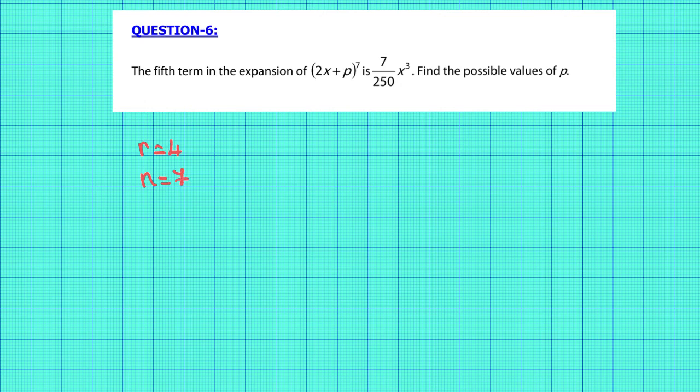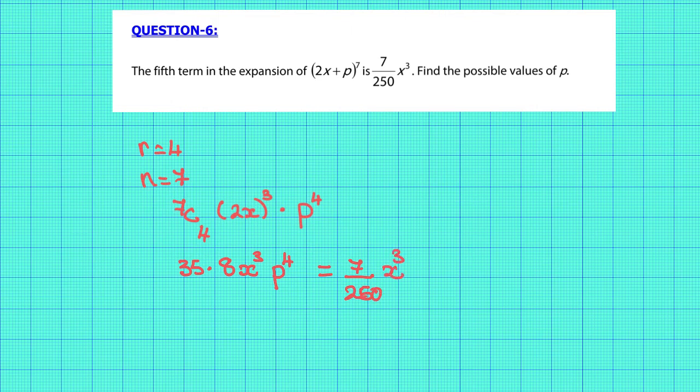So our expansion will be 7 choose 4, (2x) cubed times p to the power of 4. 7 choose 4 is equal to 35. (2x) cubed is equal to 8x cubed. p to the power of 4 is p to the power of 4. And we know that that is equal to 7 over 250 x cubed.